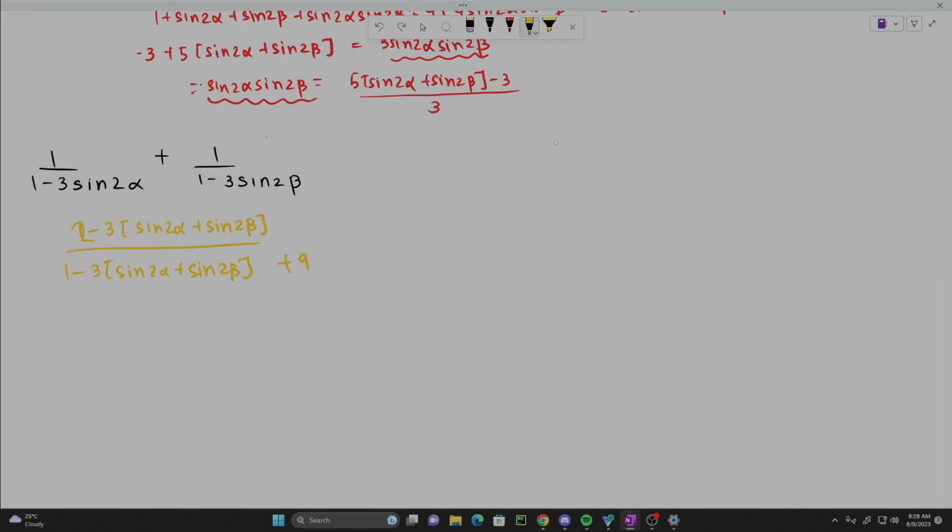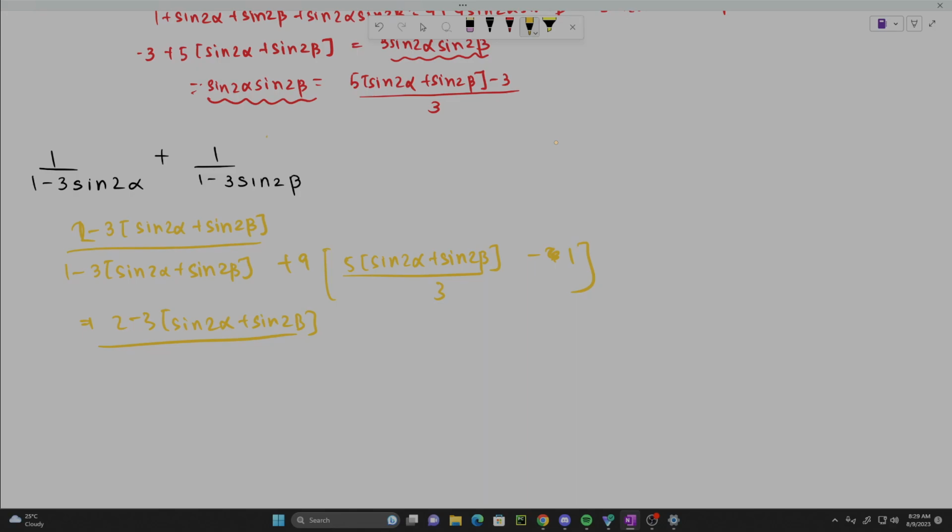Before this, when I was solving the question for the first time, I was like, yeah, this is gonna lead to nowhere. Anyways, we'll substitute that in. Minus 3 by 3, that's just 1, right? So 2 minus 3 times sine 2 alpha plus sine 2 beta upon, now I'm gonna do a little mental maths here, and I'll let you guys know how I did it.